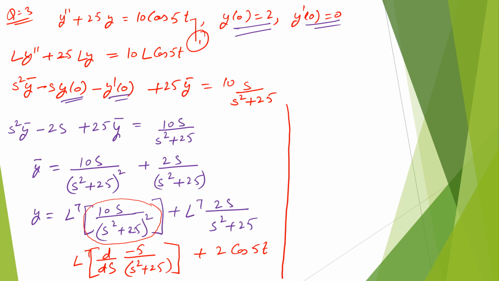Now according to the formula, the value of the first term will be t sin 5t, plus 2 cos 5t.